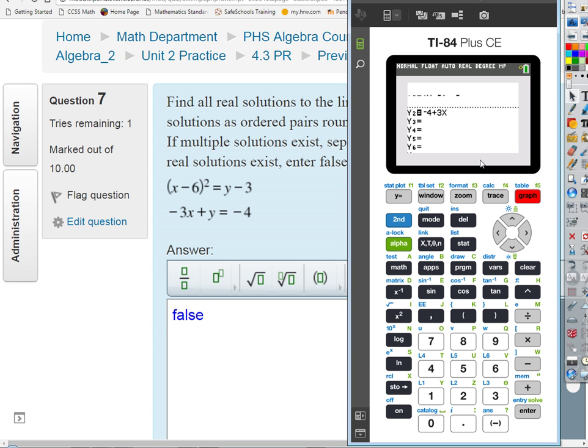Okay, so there's one solution, but it looks like there's going to be another one up here somewhere. So I'm going to have to change my window a little bit. Let's make the left edge of the window 0, and the right edge, let's just try 10.